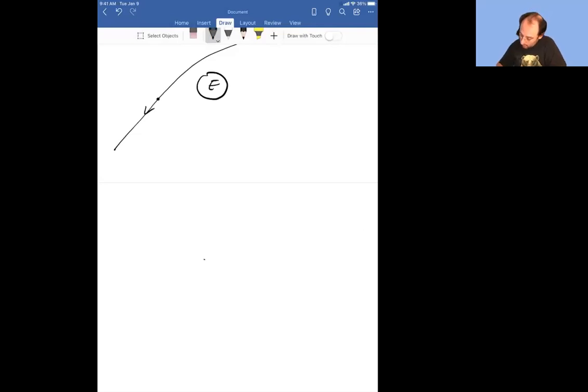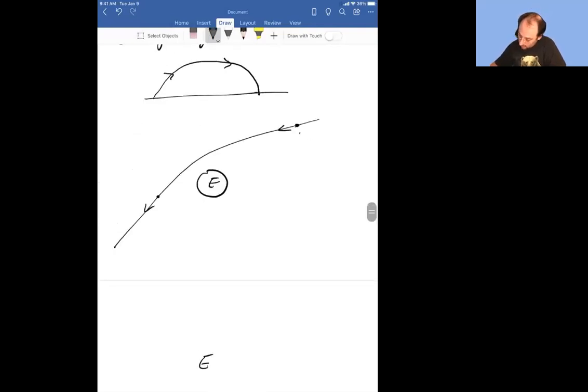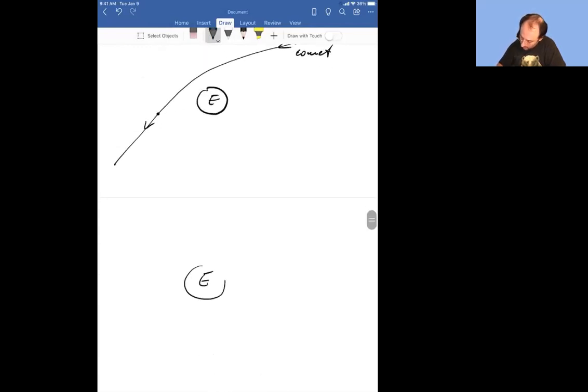Earth and Moon: the Moon follows an elliptical trajectory, but nearly circular.